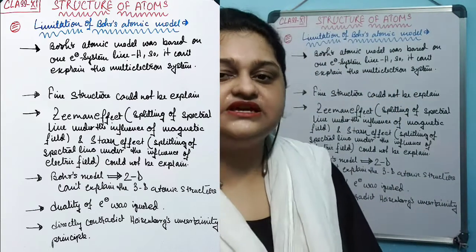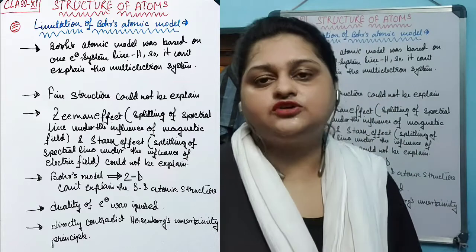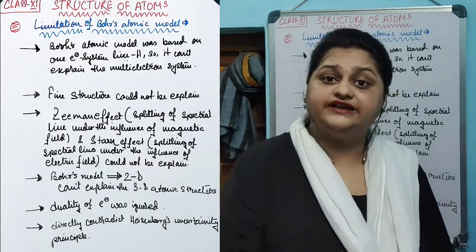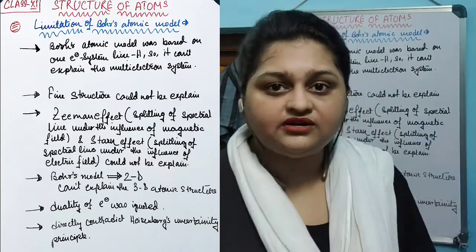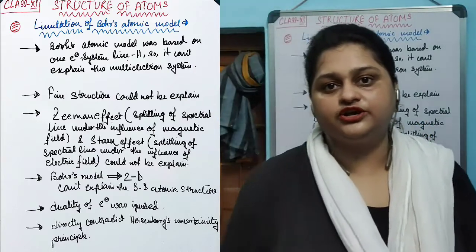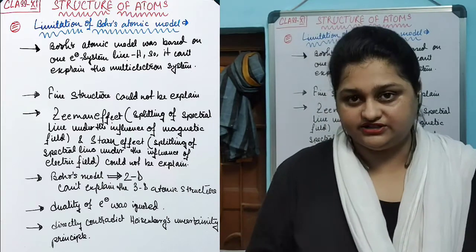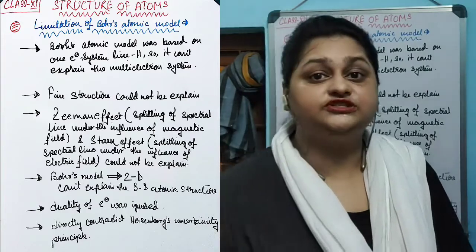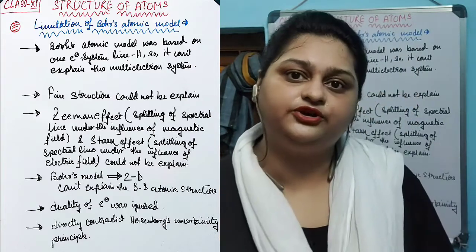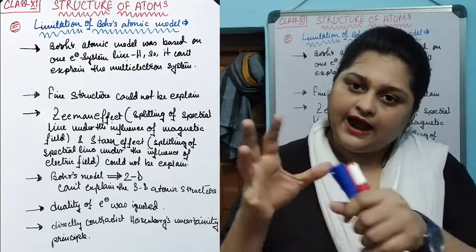This dual nature results in Heisenberg's uncertainty principle. That is, the momentum and the position of an electron cannot be precisely calculated simultaneously. You will always find some amount of uncertainty during this evaluation.